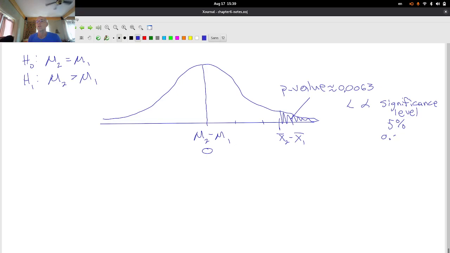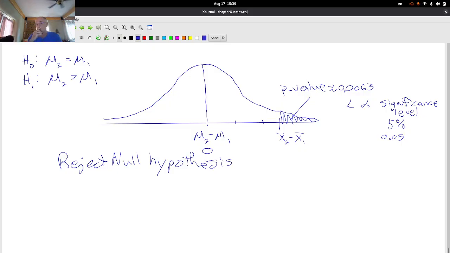Which would be 0.05. So that leads me to decide to reject the null hypothesis and accept the alternative. I have data to support it.